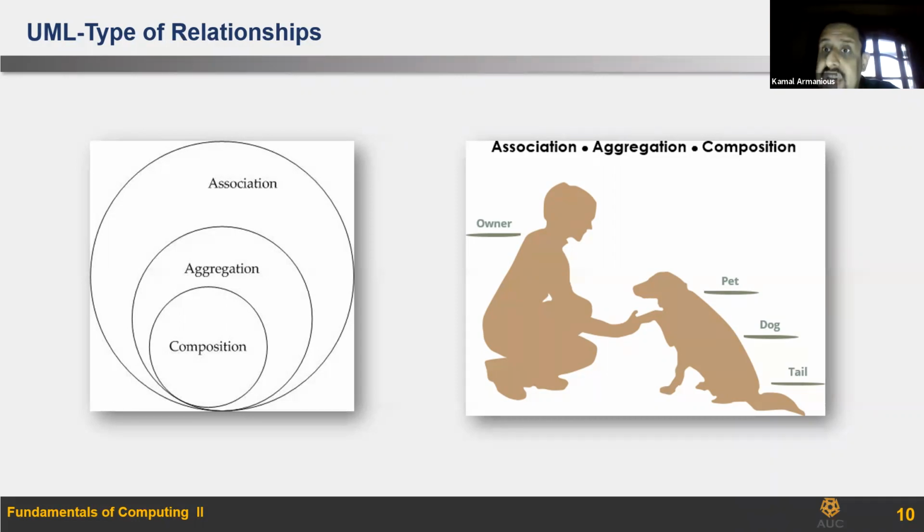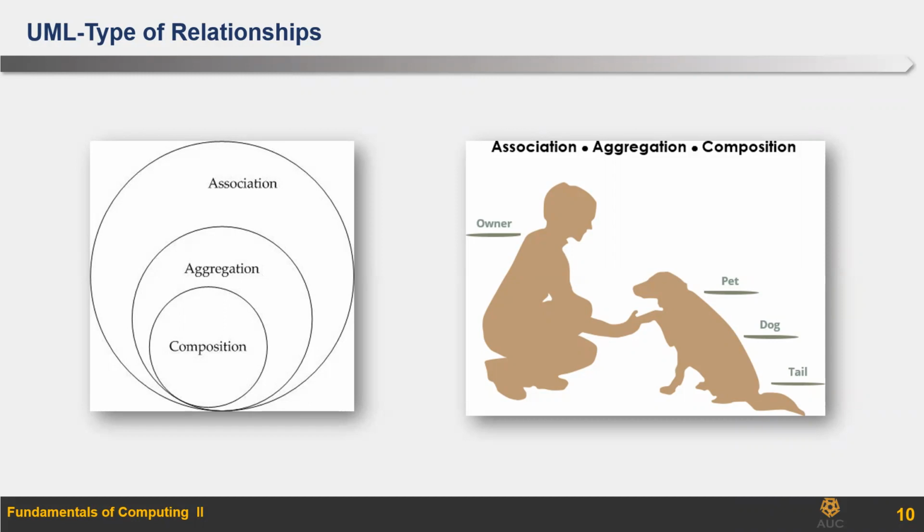There are two special types of association. So it's a stronger relationship. So let's come to my friend Yasin again. The tail and the dog, Yasin. What is this kind of relationship, in English?